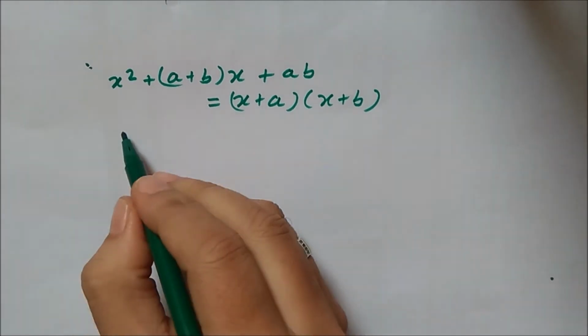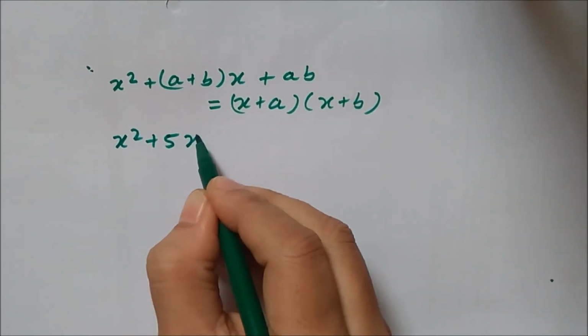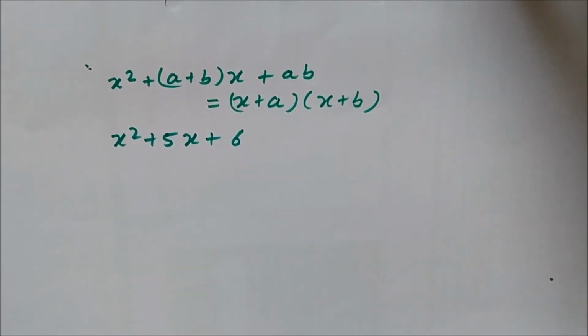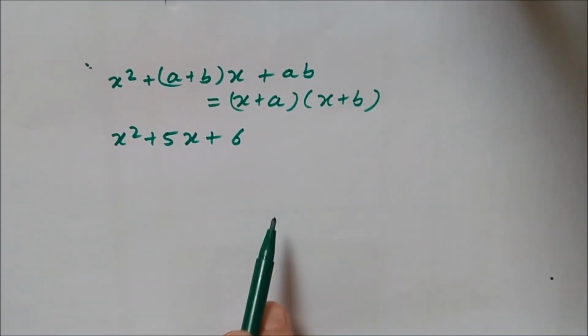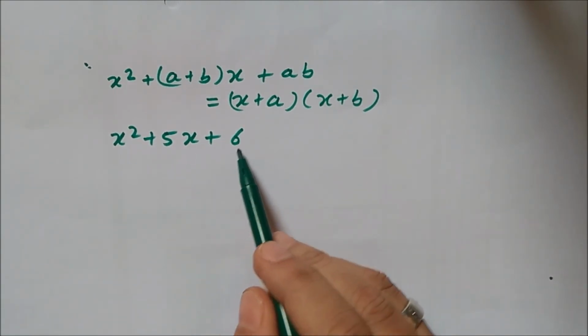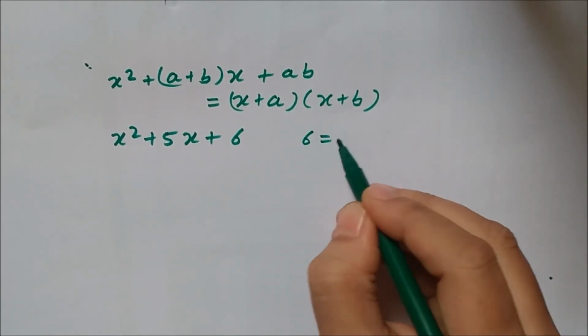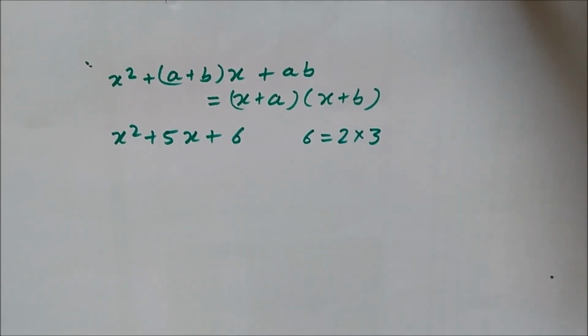We take an example of x square plus 5x plus 6. To factorize it, we find that there are three terms but only one perfect square. Then we see the last term. The last term 6 can be expressed as 2 into 3.